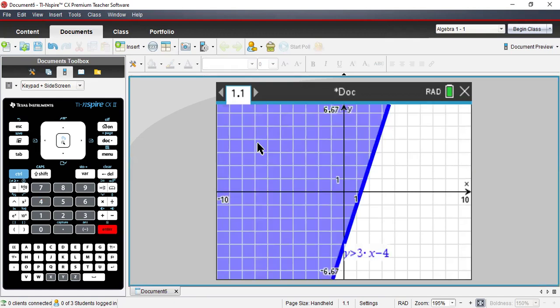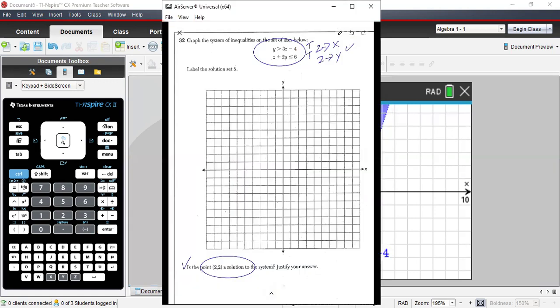That's what it looks like. One of the things I want you guys to pay attention to, when I hover over this line, it has little blue dots. It's not a solid line. And that's because this is going to be a dashed line because this doesn't have an equal sign underneath, right? So it says y is greater than 3x minus 4.